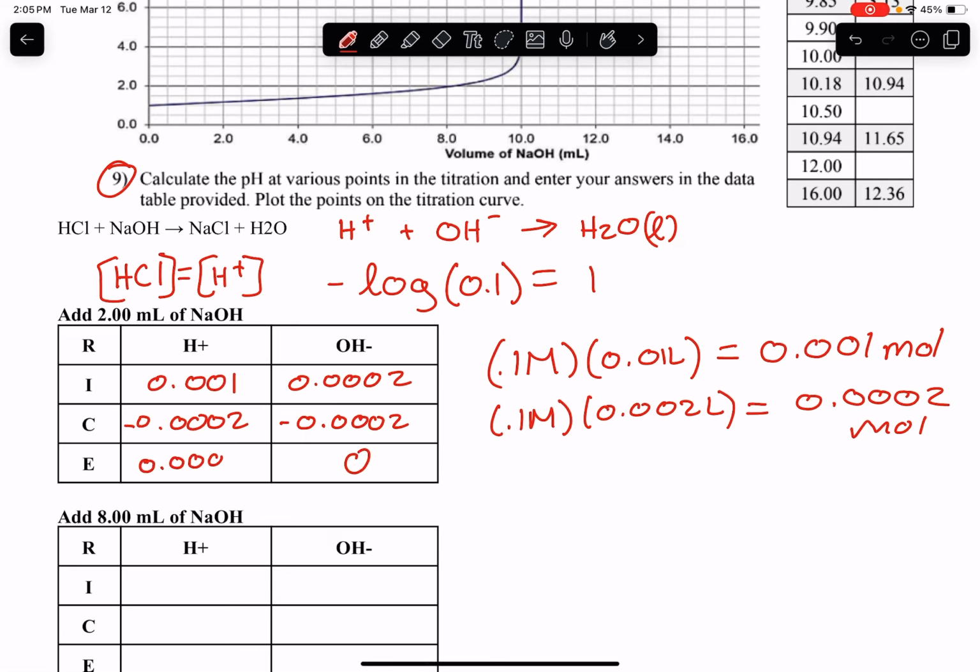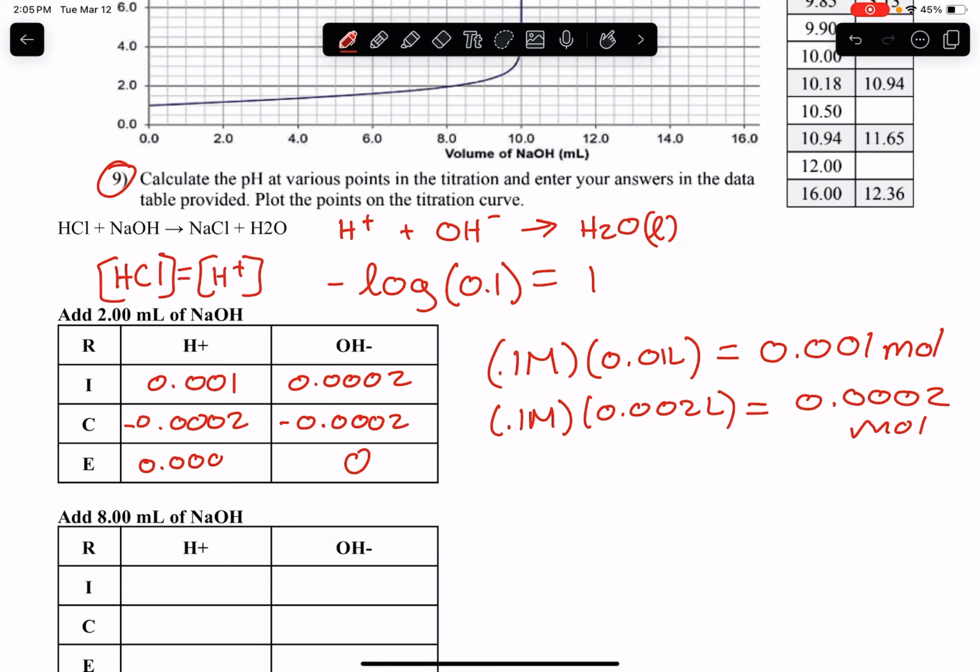If you remember, this is in moles, so moles divided by liters is molarity. So we take 0.0008 moles. The liters must come from now our total volume. We originally had our 10 milliliters of hydrochloric acid, and then we've added 2 milliliters of sodium hydroxide.